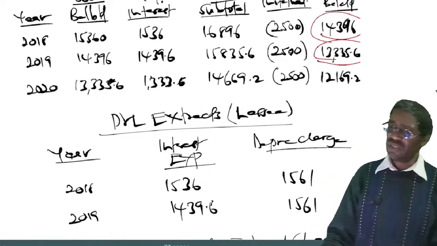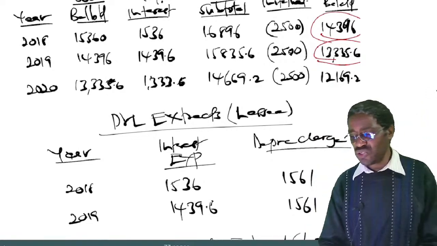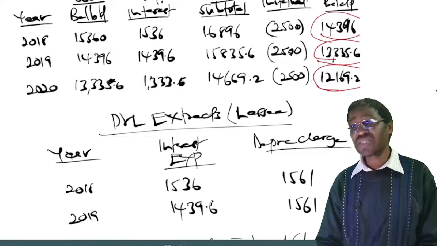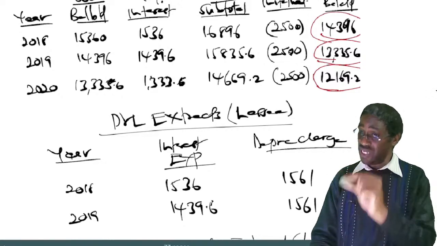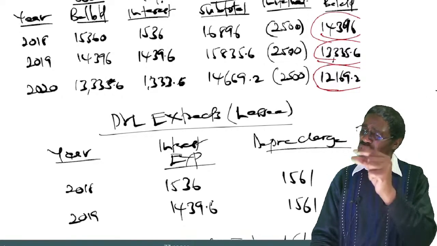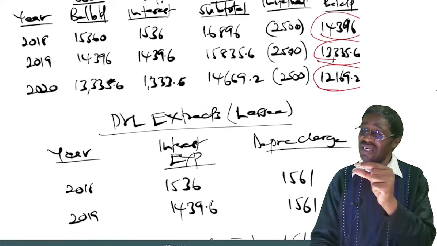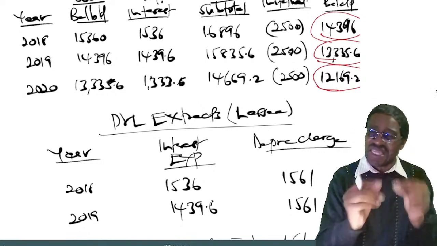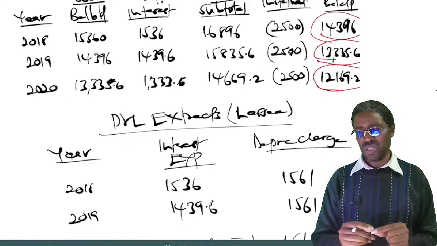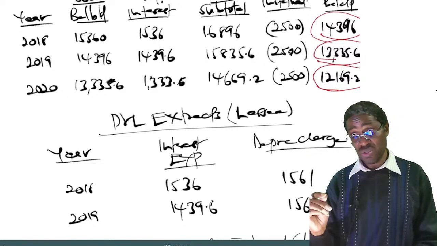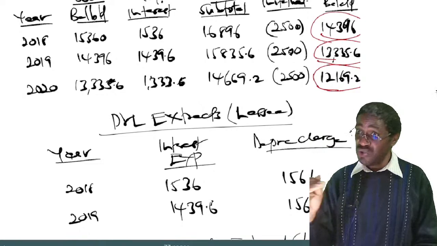That will reduce to 12,161 by end of year 3. So the liability will keep reducing, and at the end of the 10th year, which is the lease period, the liability will be 0.